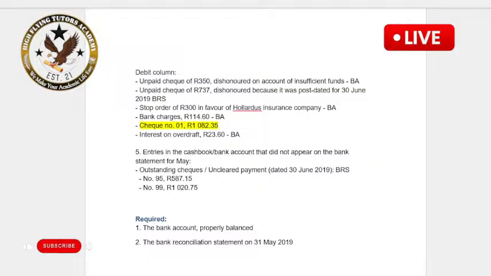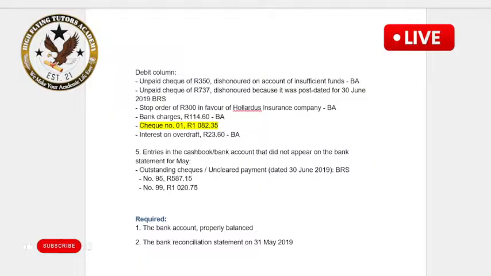Because remember, as I explained, when you make stop order arrangements, you are just saying the party must come and deduct the money monthly with whatever arrangement you have made in terms of the date, and as they deduct the money, it means you have made a payment. But remember, they did not come to you, they went to the bank and just paid themselves. So obviously they will appear in your bank statement, but they won't appear in your bank account.